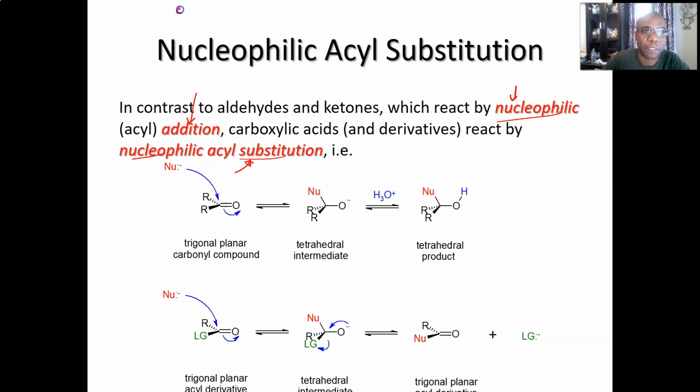What do I mean by that? So remember, let's say you had a ketone or you had an aldehyde. Whenever you reacted it with a nucleophile, it could be a Grignard, it could be OH minus, you attacked and this opened up.